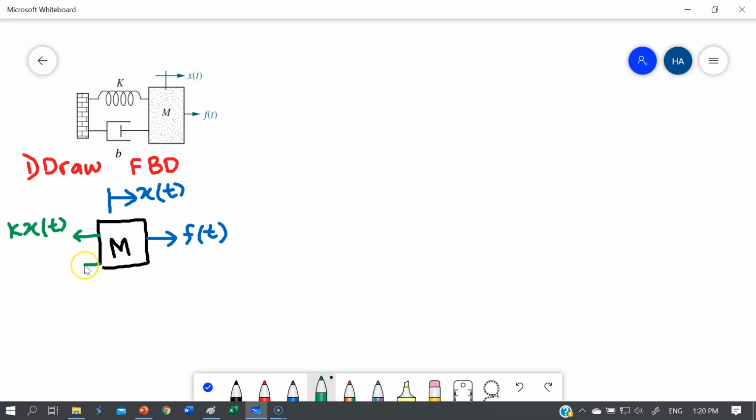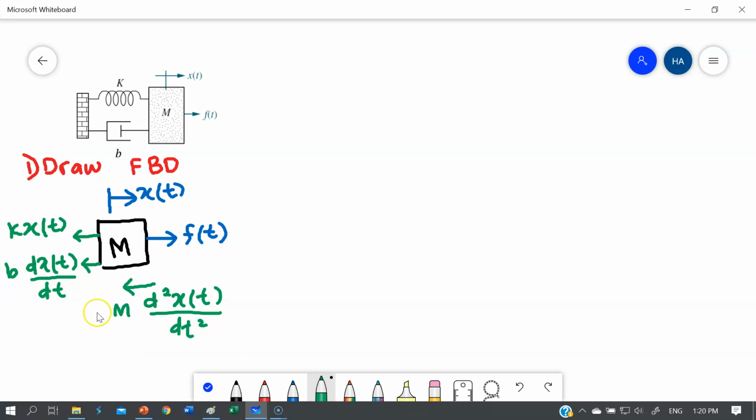We also have the force due to the damper, which is b dx(t)/dt. Lastly, we have the force due to the mass, which is m d square x(t) over dt square.